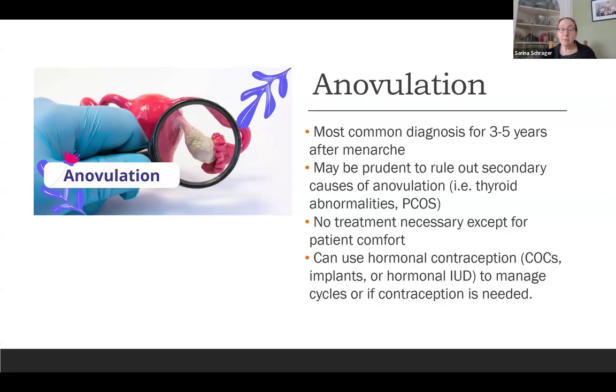But if somebody's upset about it, or they're worried about it, or they're having intercourse and you don't want them to get pregnant, this is a common reason that adolescents often start on combined oral contraceptive pills. You can also think about an implant or a hormonal IUD to manage cycles, to give them the reassurance that just because they don't have a period for 3 months doesn't mean they're pregnant.